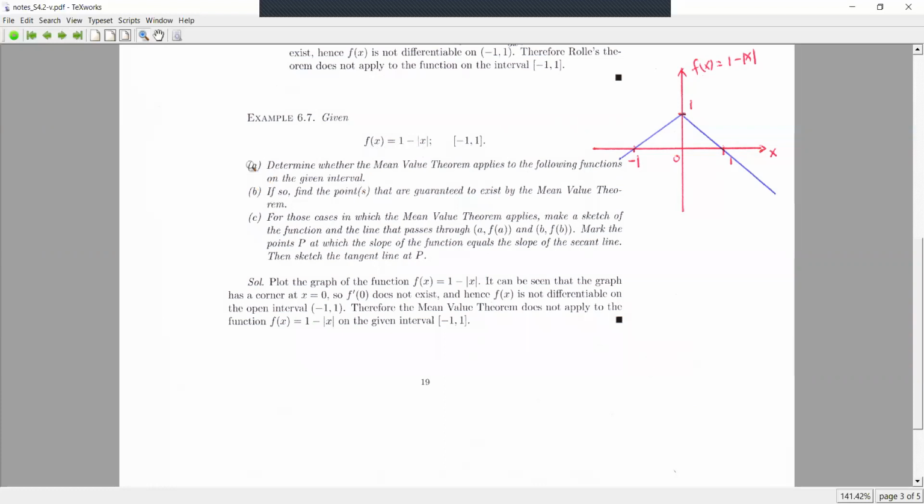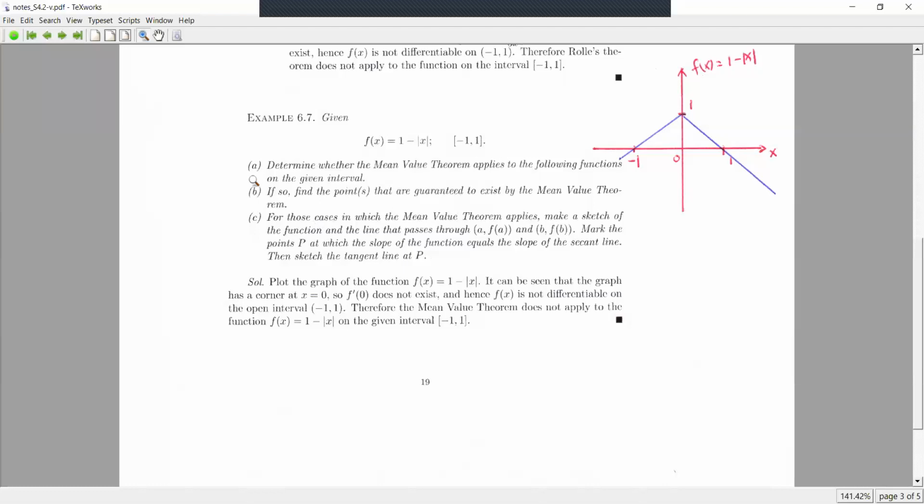There is a typo here. If the answer to question A is yes, then do the following 2 questions. If the answer is no, then you don't need to answer these 2 questions.